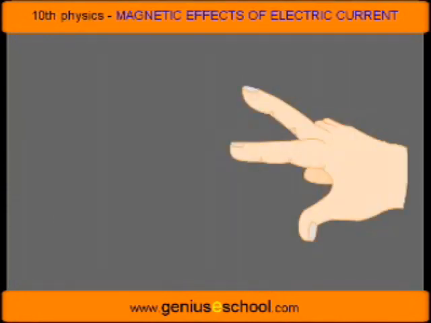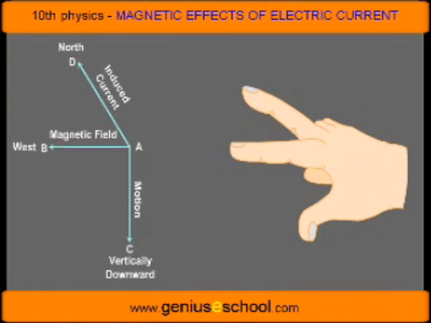Suppose the direction of magnetic field is directed from east to west as shown by arrow AB, and the direction of motion of conductor is vertically downwards as shown by the arrow AC. Then to find out the direction of induced current in the conductor, we hold the thumb, the forefinger and center finger of our right hand mutually at right angles to one another.